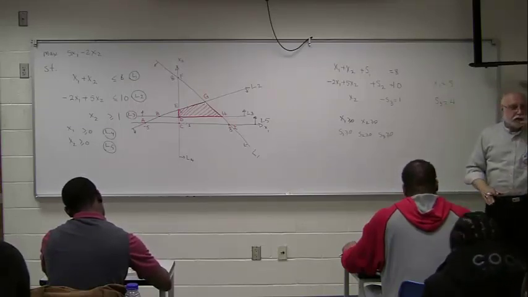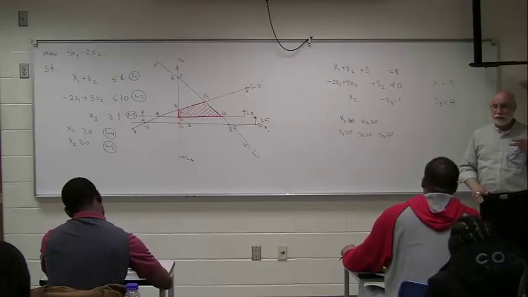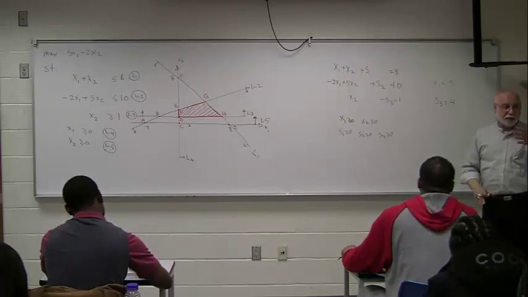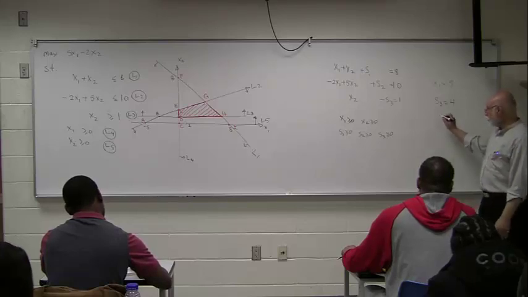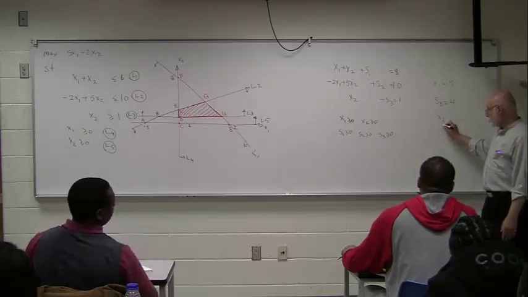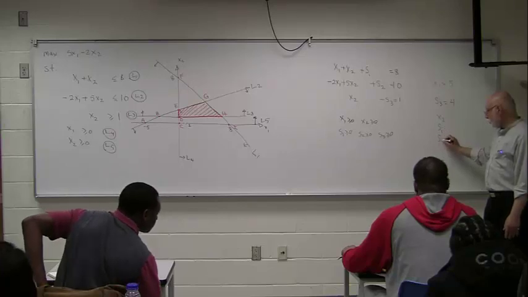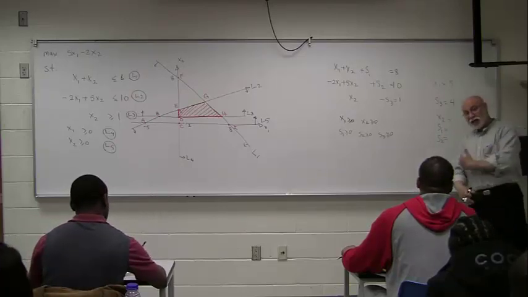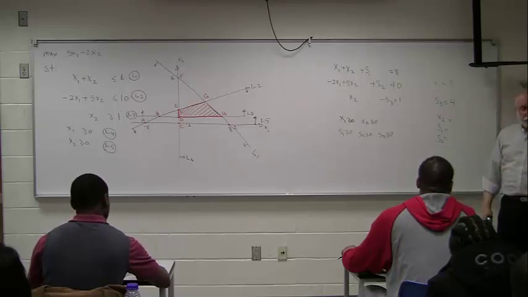I reduced 2 of those variables. So now I have 3 variables remaining. What are the other ones? X2, S1, and S2. Can I assign values to them?